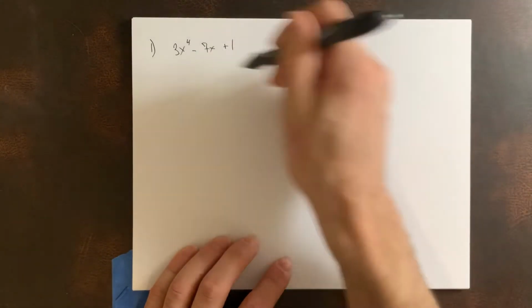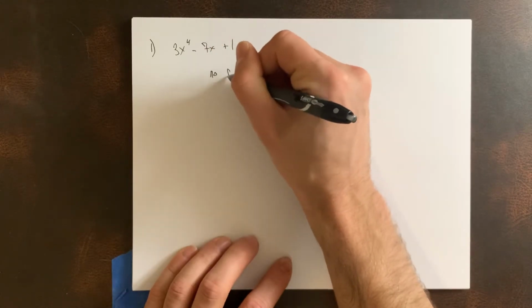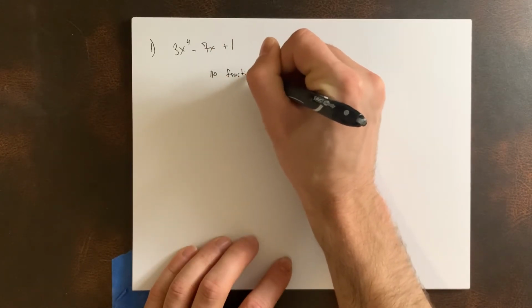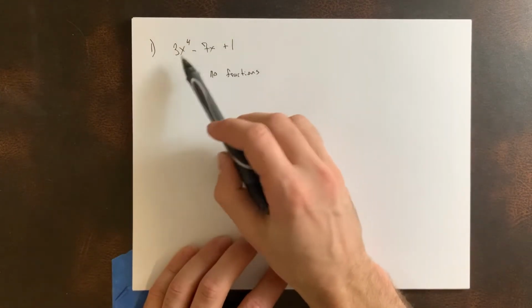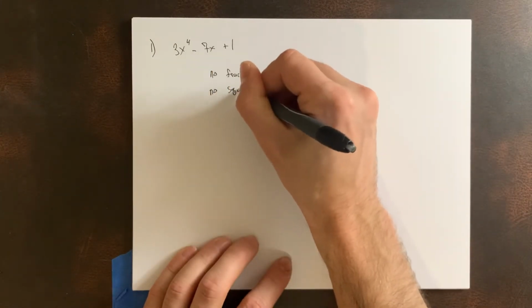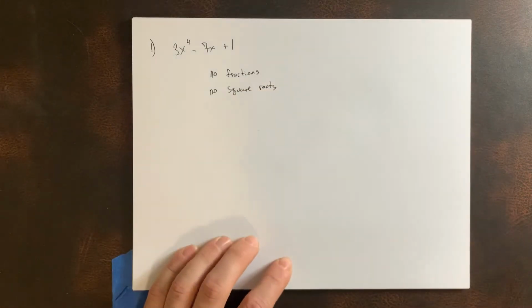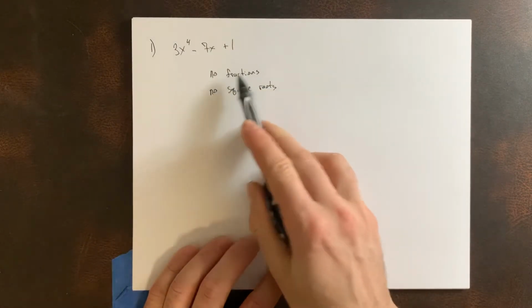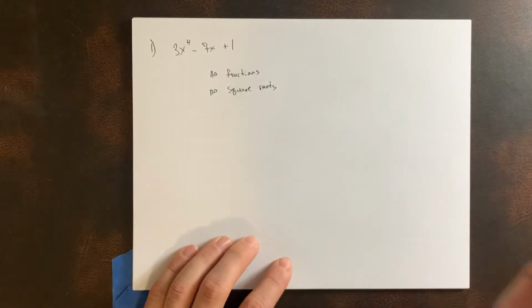If there was a fraction, there'd be a fraction sign. Next question: are there any square roots? Again, there's no square roots. And whenever this is the situation, like we said on the previous page, when there's no fractions, you don't do anything. When there's no square roots, you don't do anything.